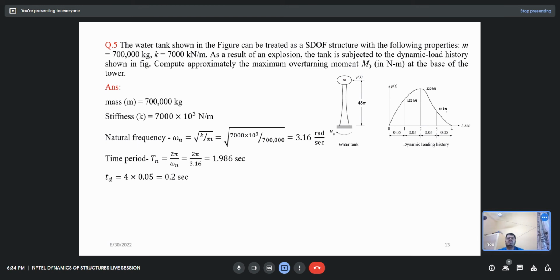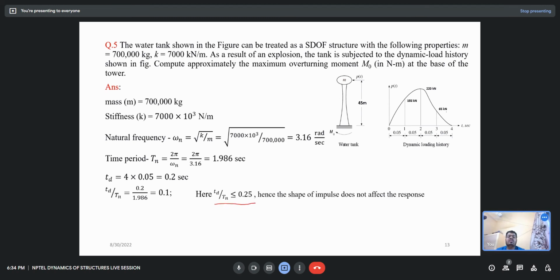The pulse duration is very much shorter than the time period, which is approximately 2 seconds. So TD by TN comes out to be 0.1, which is less than 0.25.